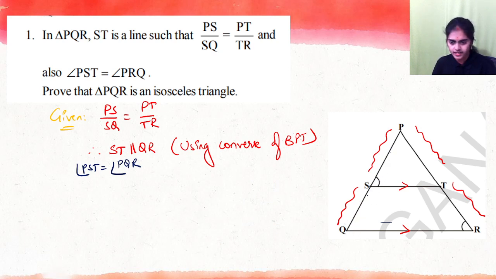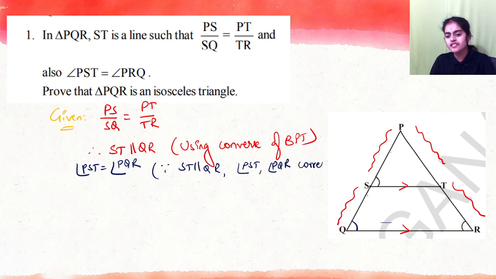So angle PST and angle PQR are equal since ST is parallel to QR. They are corresponding angles, which you learned in your class 7.